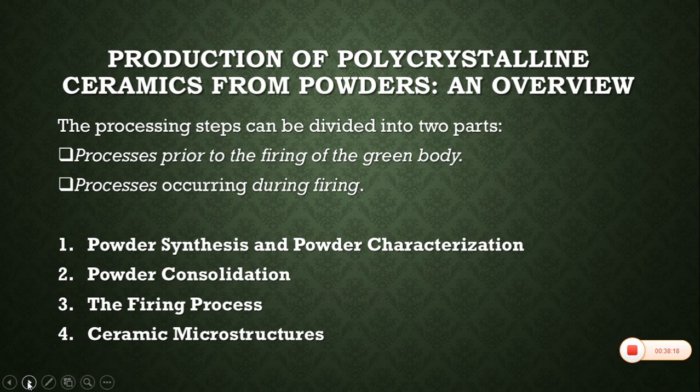Each production or processing step can cause undesirable microstructural flaws that will certainly limit the properties and the reliability of the material. So it is important to study each and every step.